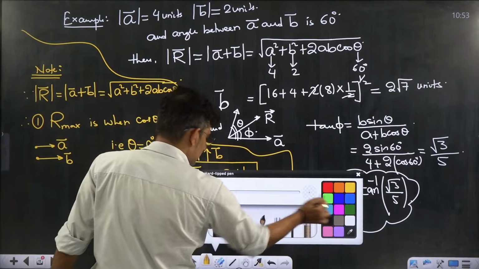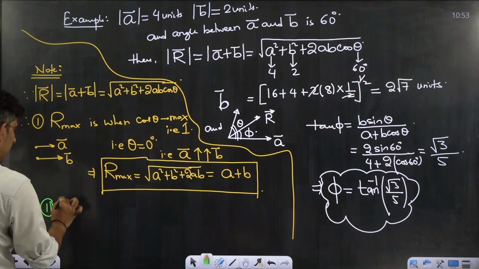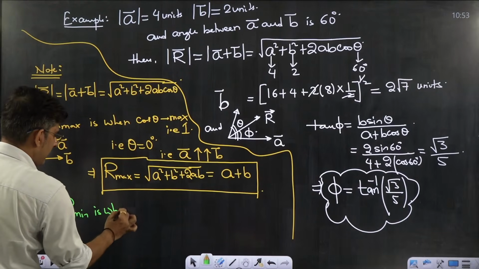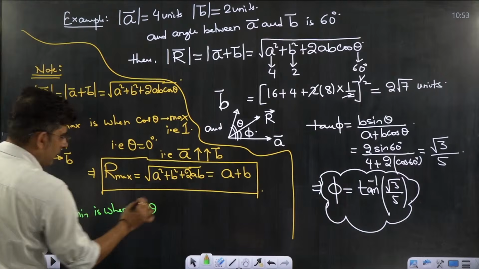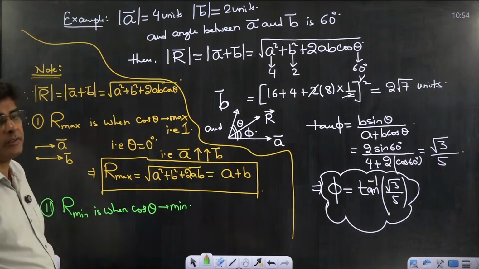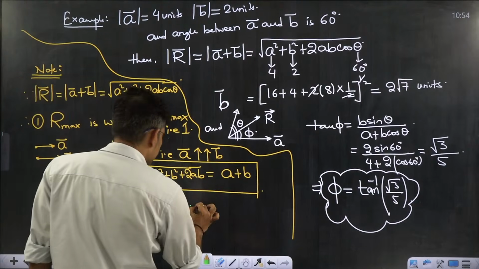Second comes the minimum magnitude, when cos theta is minimum. Here students make a mistake, that sir, cos theta minimum means 0. No, the minimum value of cos theta is minus 1.